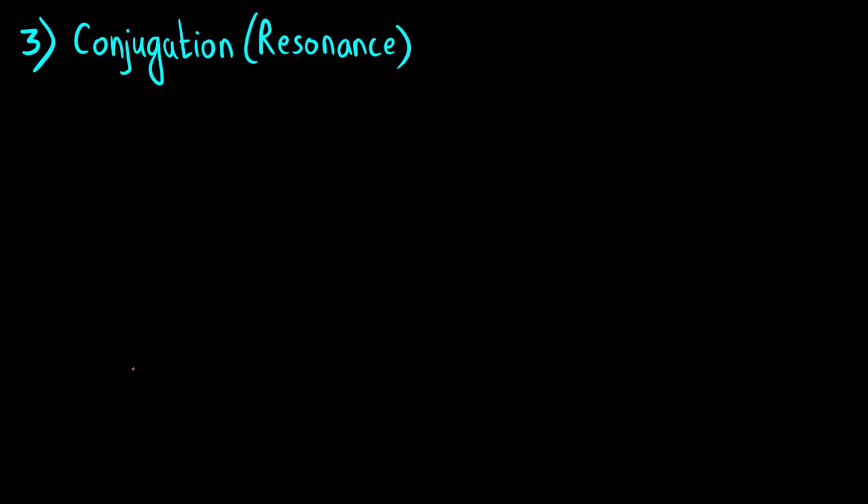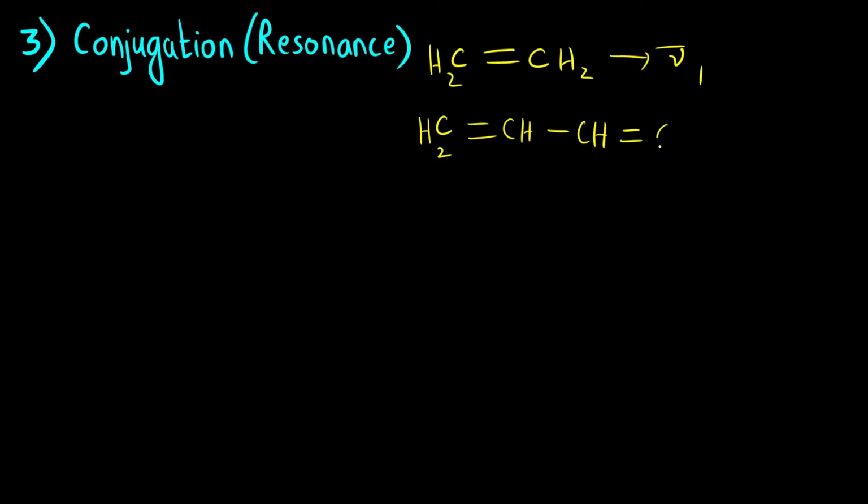The third one is conjugation. If you see a carbon-carbon double bond that is an isolated bond, let's say ethene, let's say its stretching frequency is nu bar 1. Another compound is CH2=CH-CH=CH2, for this let's say the stretching frequency is nu 2.